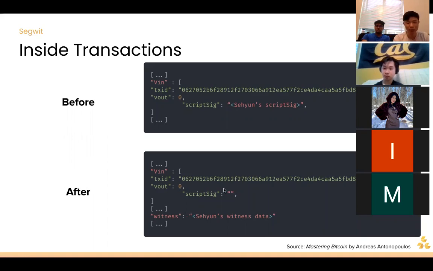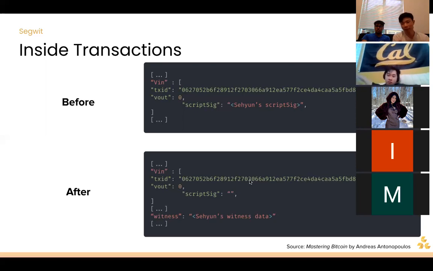So even if we change anything here, we're not modifying these fields inside the actual transaction. We know the essential parts of the transaction are what's hashed, and that won't change. So the transaction ID will stay the same, and therefore we've solved the transaction malleability problem.